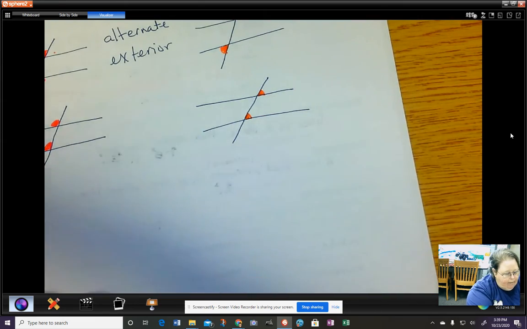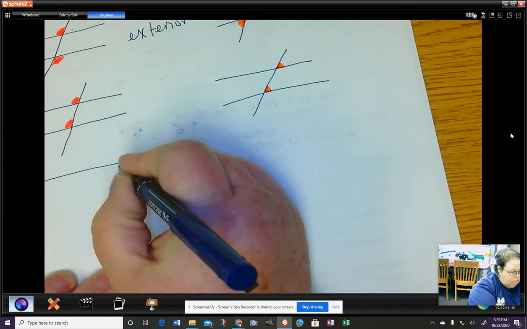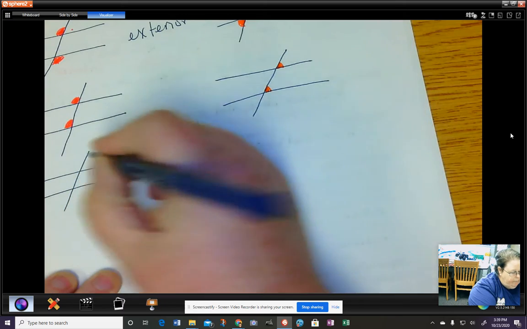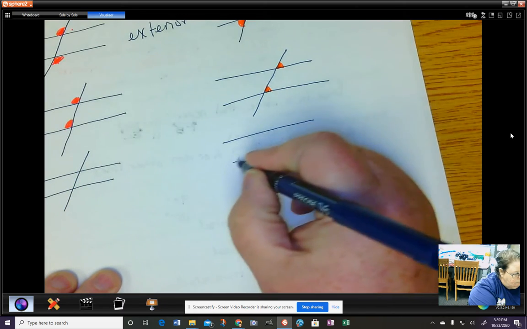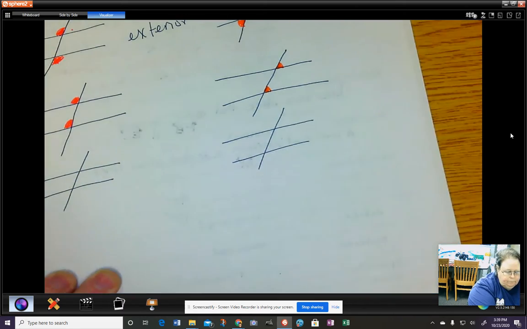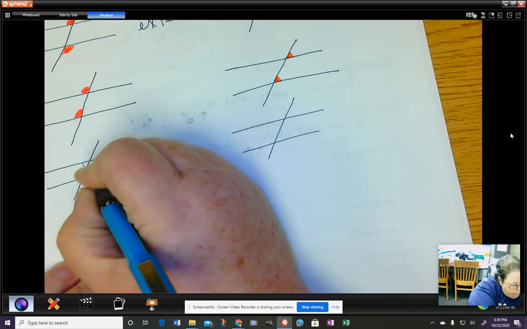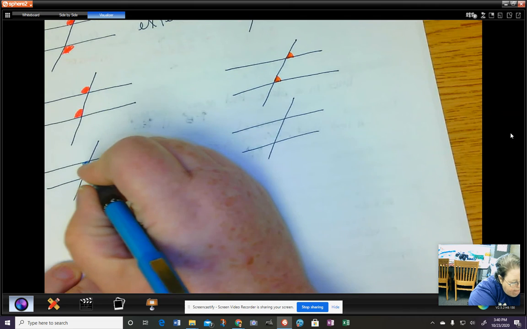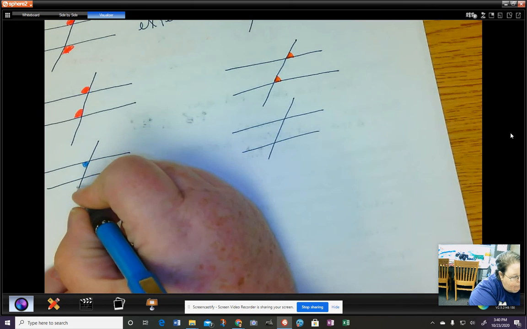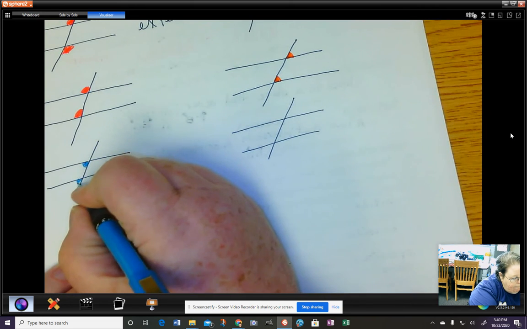Okay, I need another pair, because I've got two more. If I take this one and slide it down the transversal, it would end up right here.